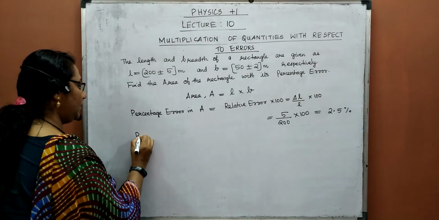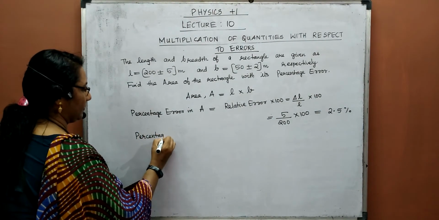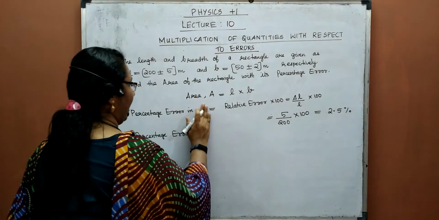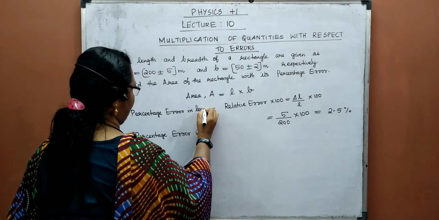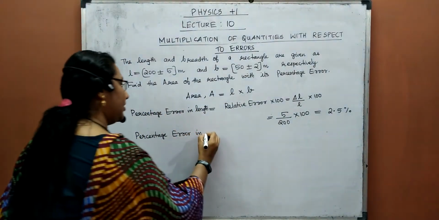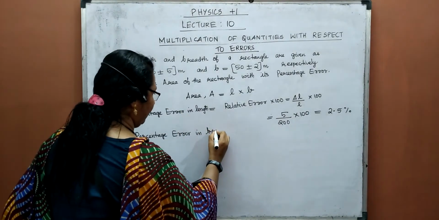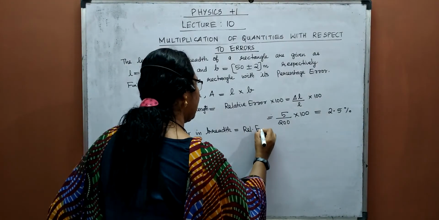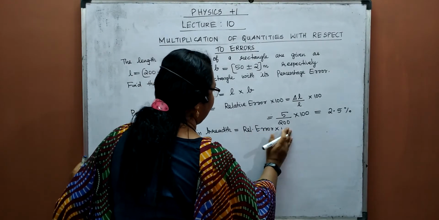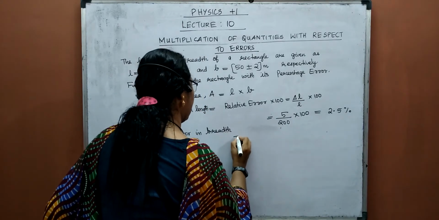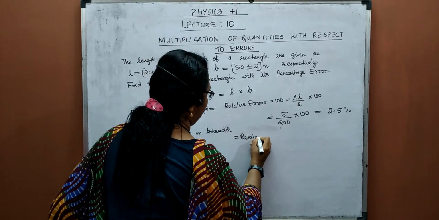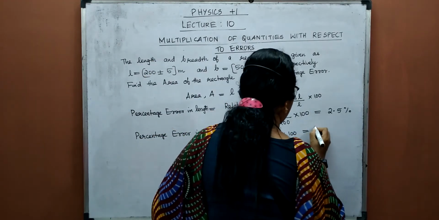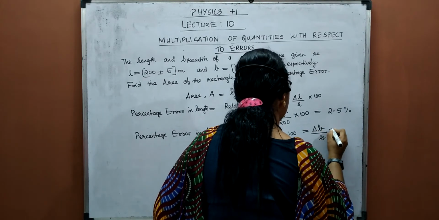Similarly, the percentage error in breadth, sorry for the mistake, here we have taken the breadth. That is relative error into 100, delta B by B into 100.